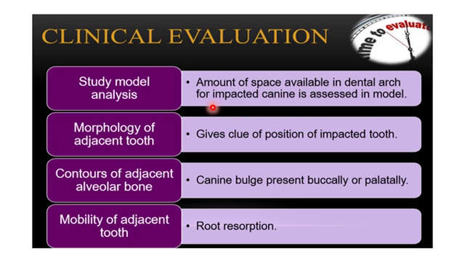Morphology of the adjacent teeth gives us a clue to the position of the impacted tooth. Also, a canine bulge present buccally or palatally can give us an idea about the positioning of the canine, and we check mobility and root resorption of the adjacent teeth.